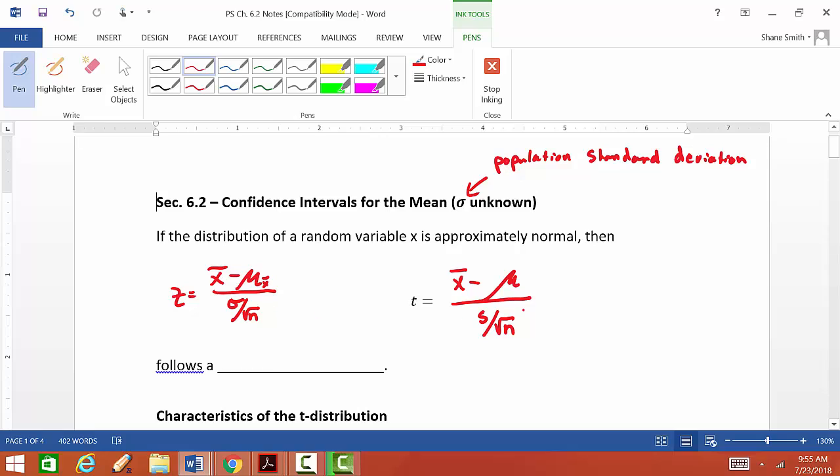But now, basically, these are the same thing. In fact, we can put an x bar here if it makes you feel better, because mu and mu sub x bar are equal to each other. But what is different? Well, now we have a sample standard deviation. The only thing that is different is that we substituted sigma with s. And this follows a t-distribution.